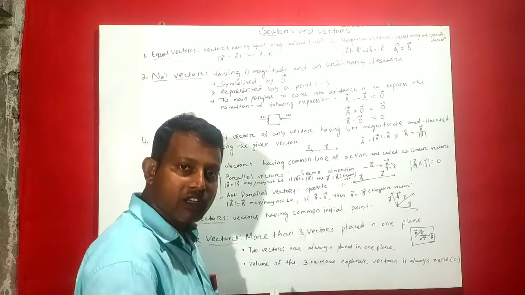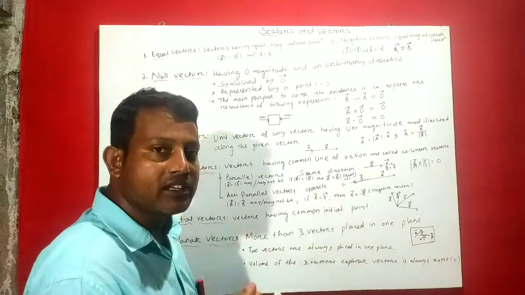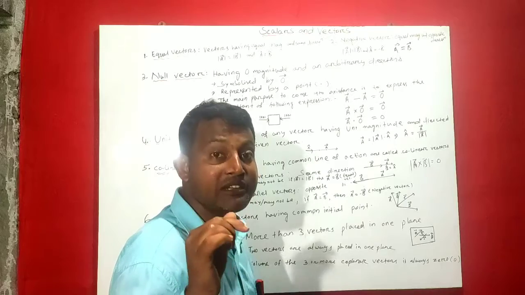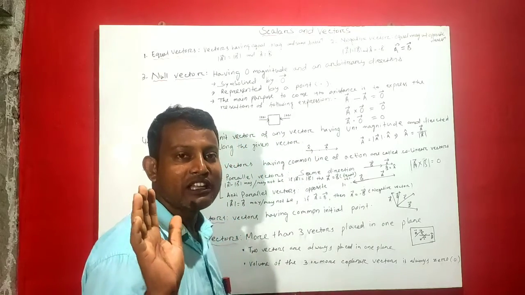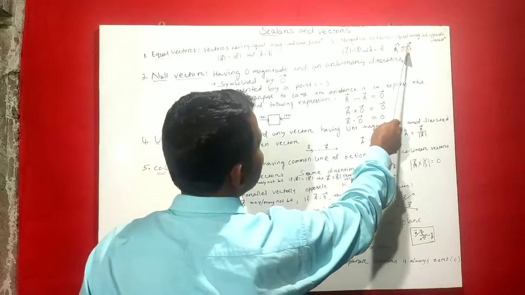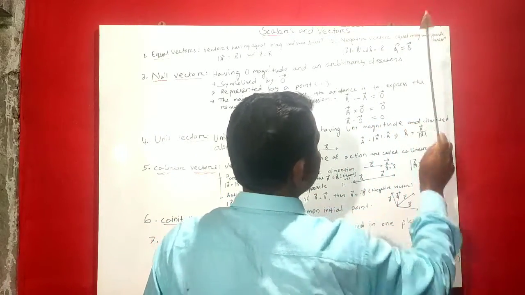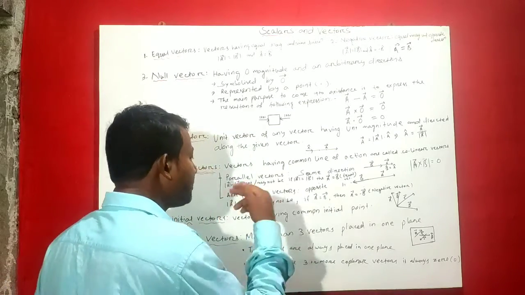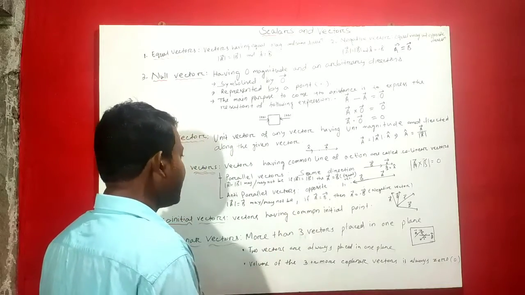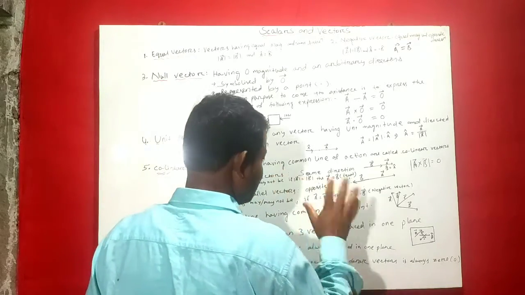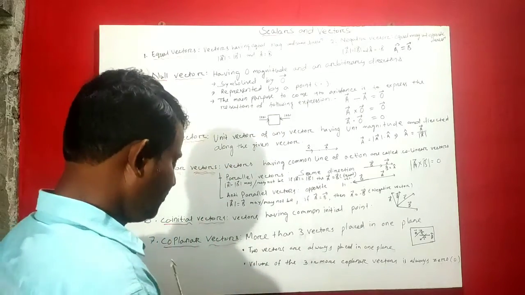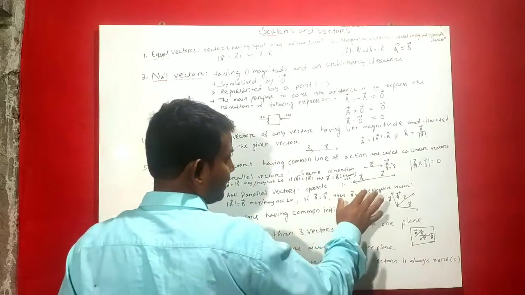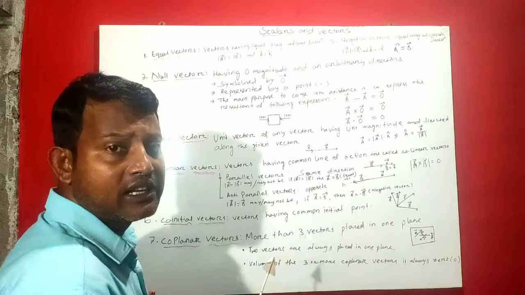If the magnitude of the two antiparallel vectors is the same, then they are negative vectors, because negative vectors have equal magnitude and opposite direction. Antiparallel vectors having the same magnitude are called negative vectors. You can also represent A equal to negative of B. That means they are two negative vectors.